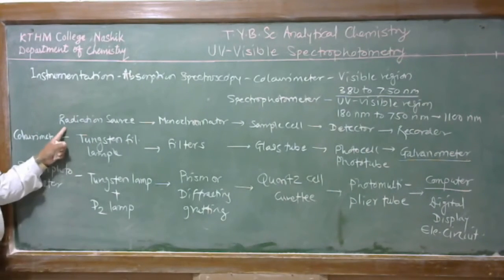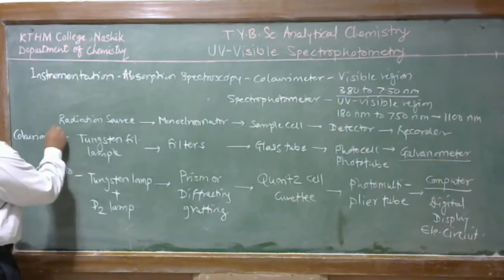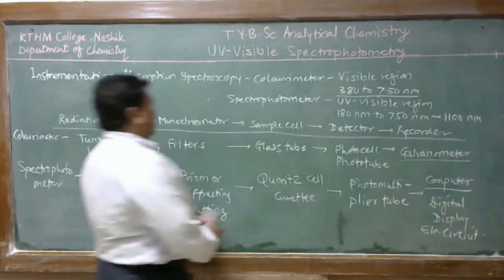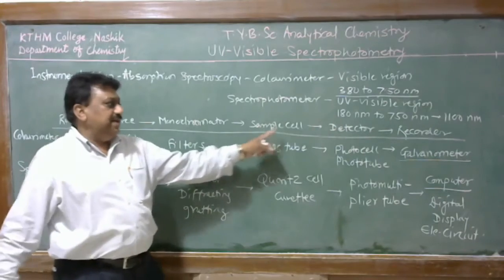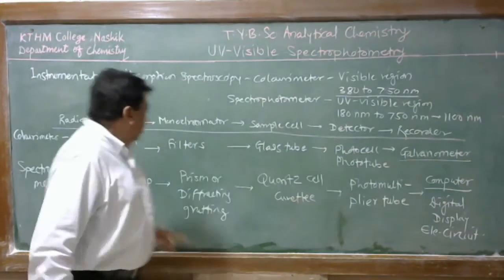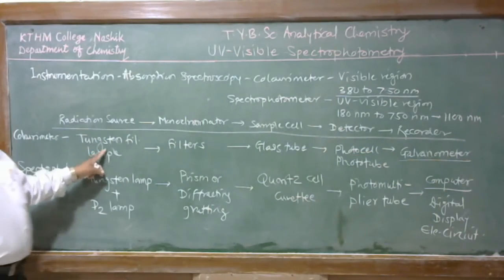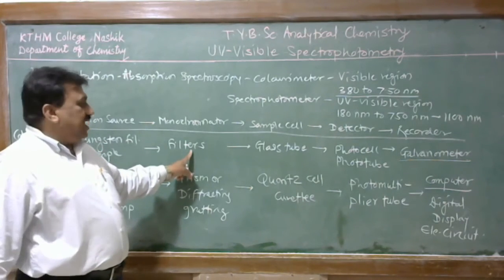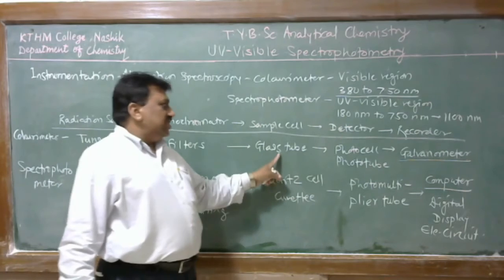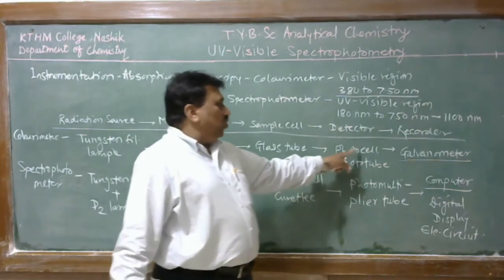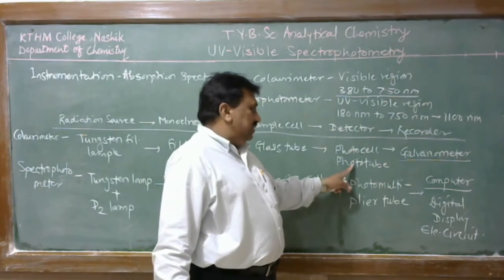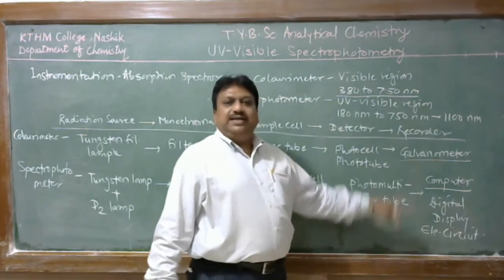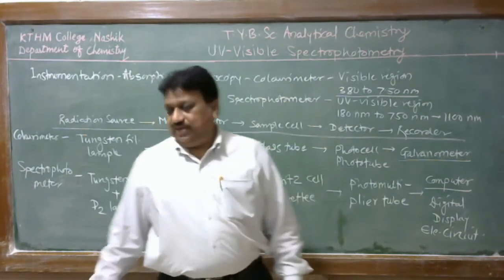Therefore, this is the arrangement of the absorption instrument: radiation source, monochromator, sample cell, detector and recorder. For a colorimeter, we need a radiation source, a tungsten filament lamp, filters as a monochromator, a glass tube as a sample cell, a phototube or photovoltaic cell as a detector, and a galvanometer as a recorder.